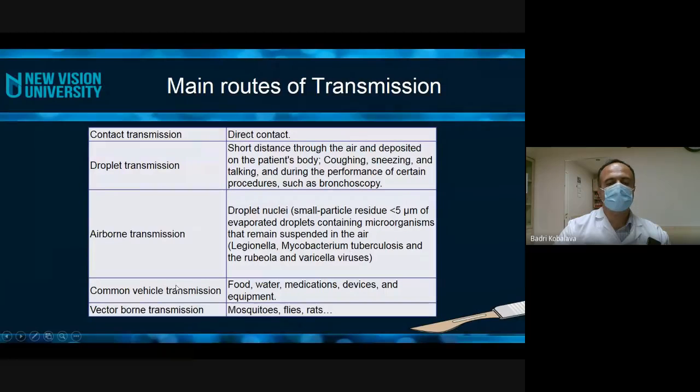Vehicle transmission is the transmission with food, water, medications, devices, equipment. And the fourth route of transmission is vector-borne transmission. So mosquitoes, flies, rats, and so on.